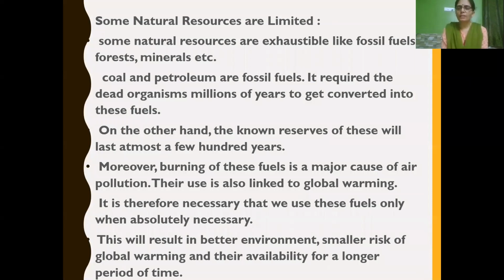Now let's continue the chapter. Only a little part is left; we have reached the end of this chapter. That is why some natural resources are limited. Now let's learn about the reasons some natural resources are limited.